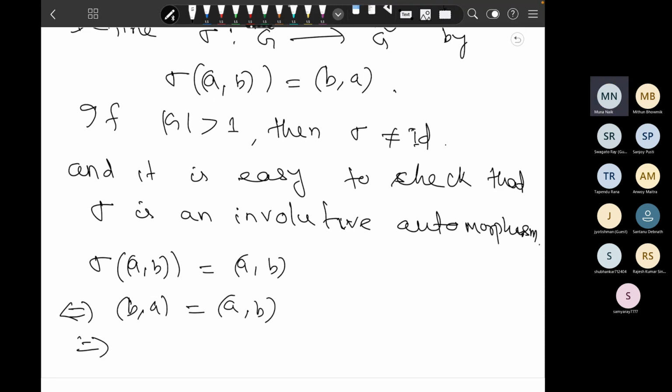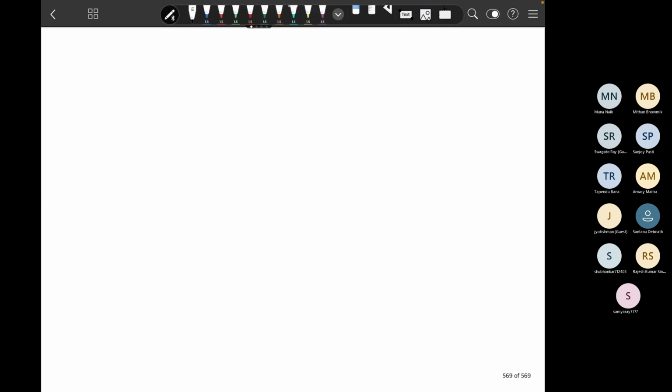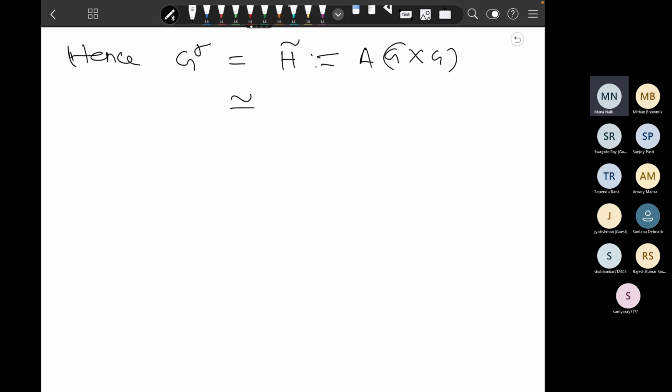That means this is if and only if A is equal to B. So hence G sigma is what? Hence this G sigma is really H tilde. And what was H tilde? This was the diagonal of G cross G. And this H tilde is really isomorphic to G. This is an isomorphism.